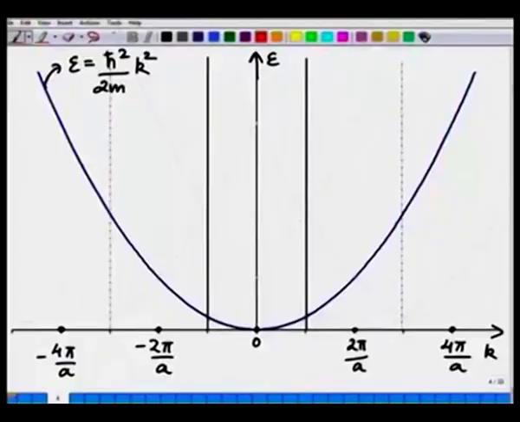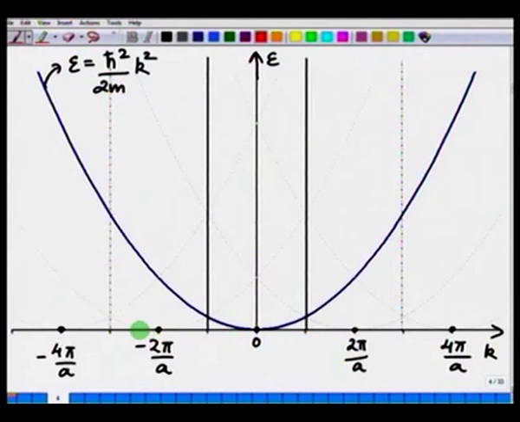So here I am going to label this for you. What you need to see is only the portion I keep labeling. So here is the energy that I am plotting, and this is k. Here is 0, here is the lattice point, another lattice point is right here, therefore it is 2 pi by a.